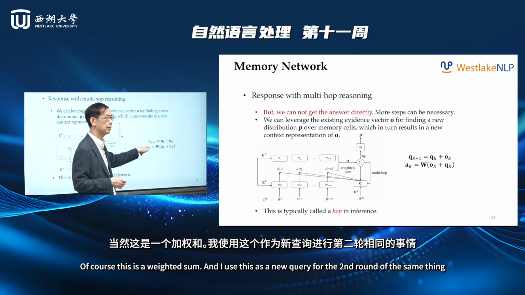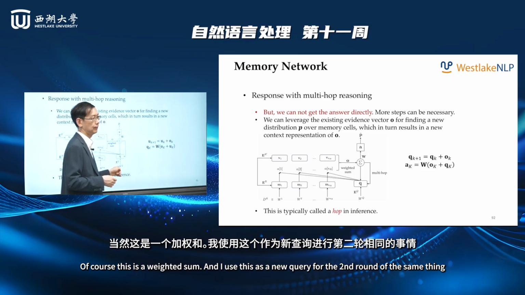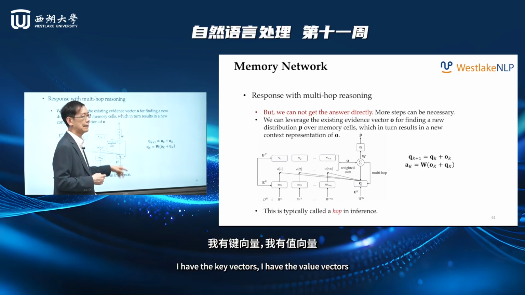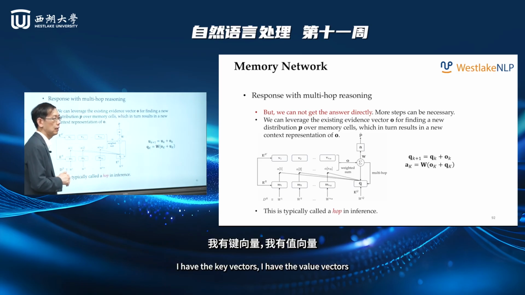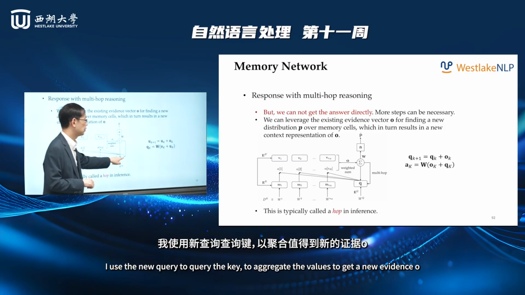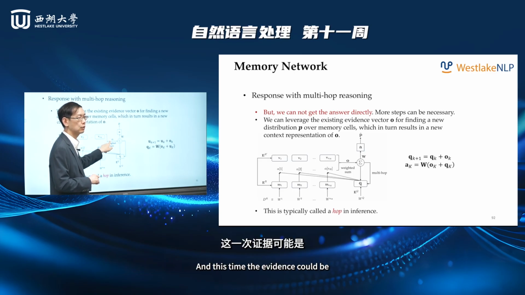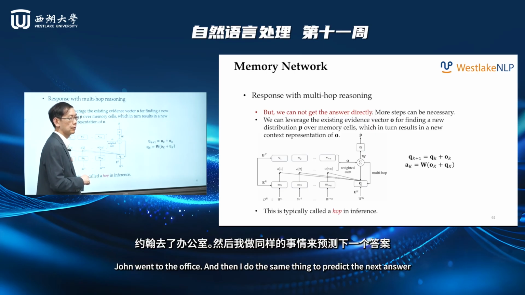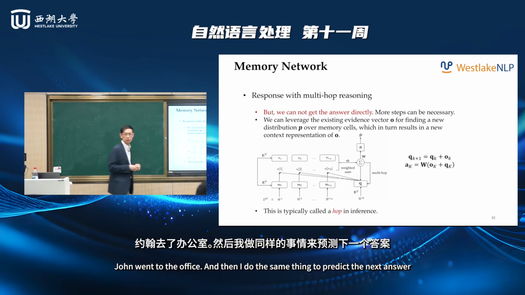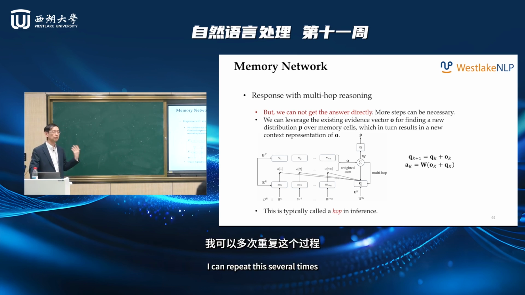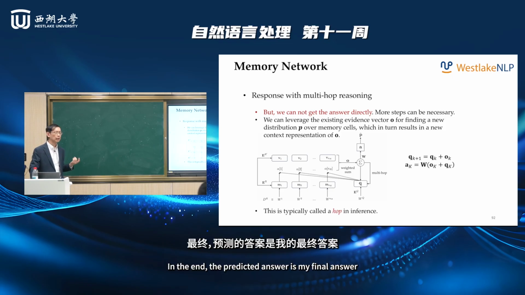And I use this as a new query for the second round of the same thing. I have the key vectors, I have the value vectors. I use the new query to query the key to aggregate the values to get a new evidence O. And this time the evidence could be John went to the office. And then I do the same thing to predict the next answer. I can repeat this several times. In the end, the predicted answer is my final answer.